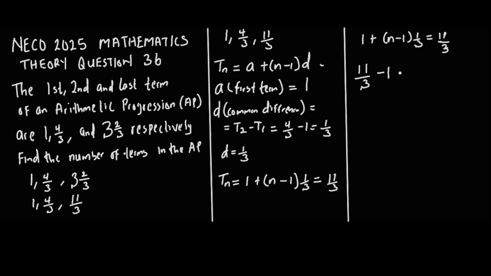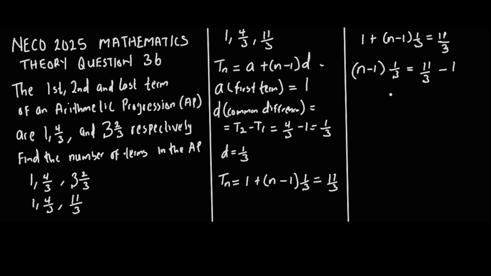So n minus 1 bracket 1 over 3 equals 11 over 3 minus 1.